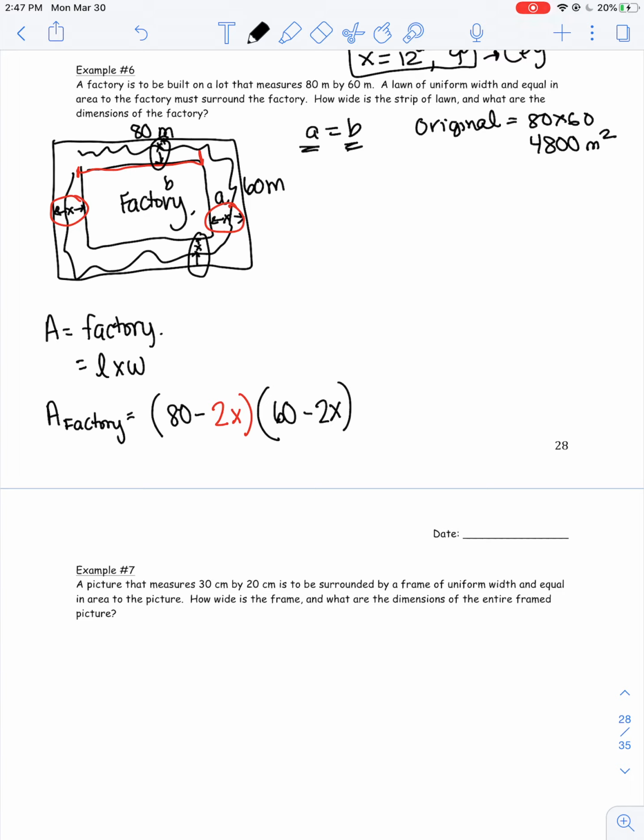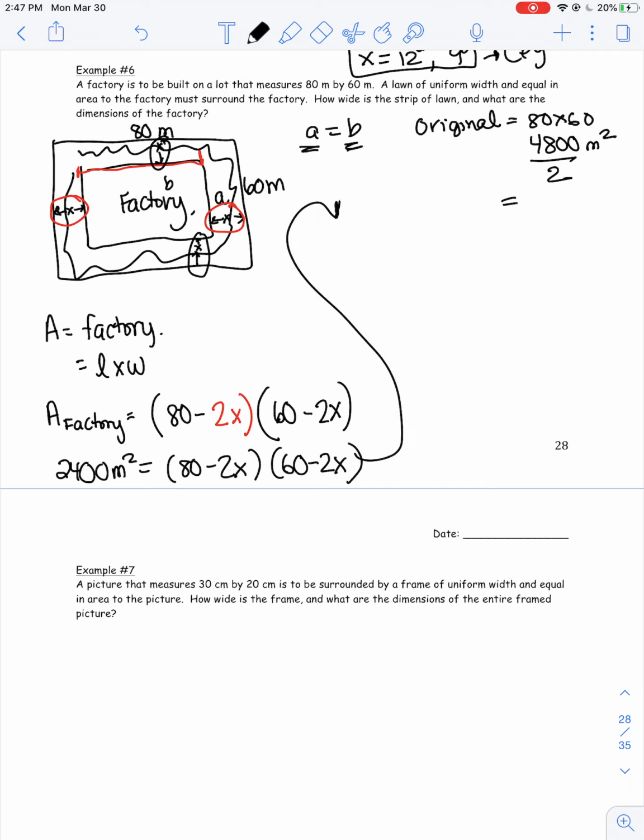Now we know that the lawn and the factory are equal in area, and that's what the actual lot is made of. So we need to divide this by 2 because it's equally shared amongst the lawn and the factory, and that gives us that the factory is half of 4,800, which is 2,400 meters squared. So that's what we needed to figure out, the area of the factory.